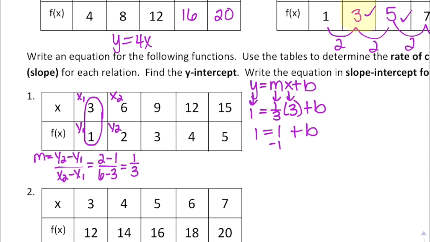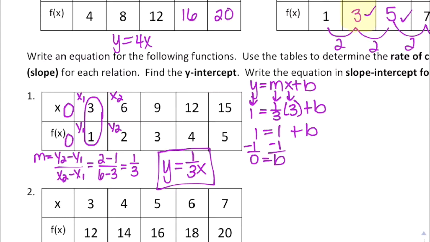If I subtract 1 over, I get 0. So what I just found is that my answer is y equals 1/3 x plus 0, which you can just write as 1/3 x. I could check this because if I count my x's down to where x is 0, the next y value, since these are going down by 1s, would be 0. So I know that makes sense.